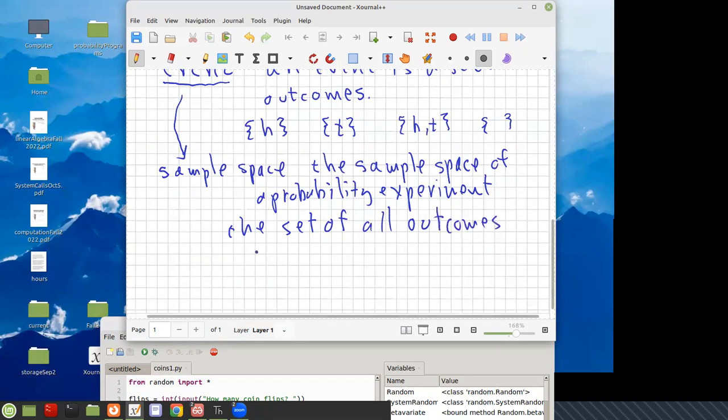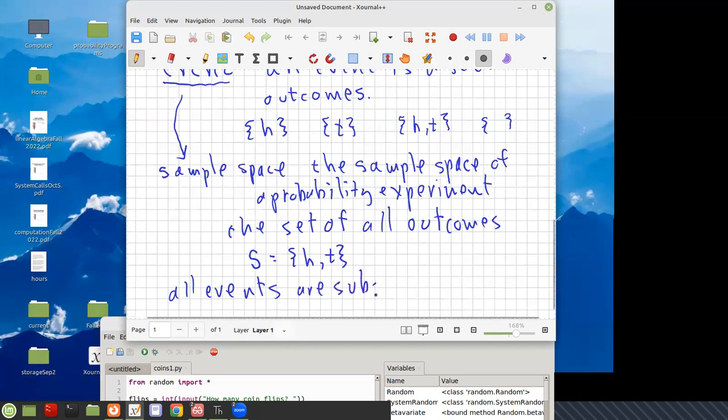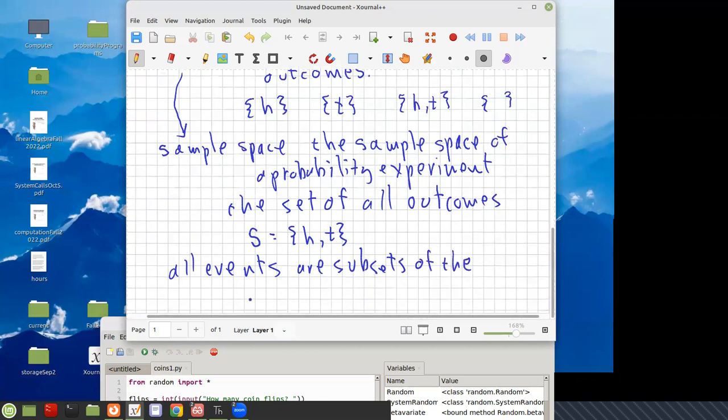So for example, for the coin, it would be this set here. So all events are subsets of the sample space of a given probability experiment.